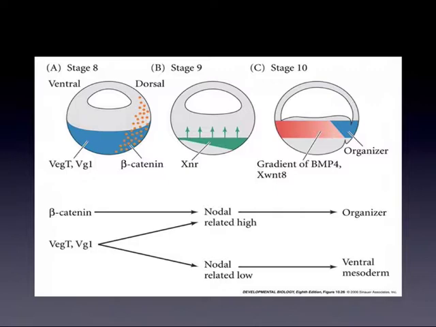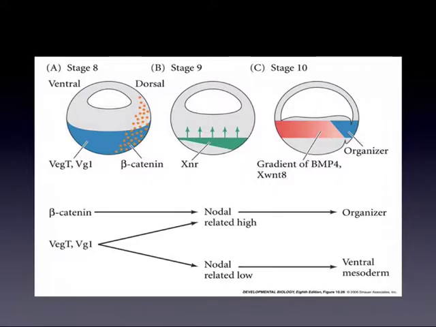All right, and the ventral mesoderm is what's going to express X-Wnt8 and BMP4. All right, the organizer region is what's going to express the inhibitors of those TGF-beta molecules, and that's how we're going to ultimately establish the dorsal ventral signaling.